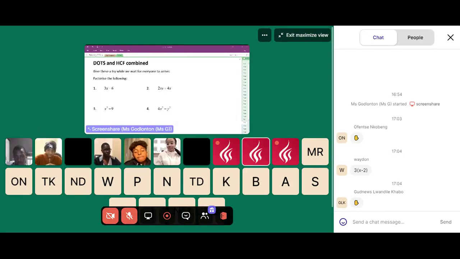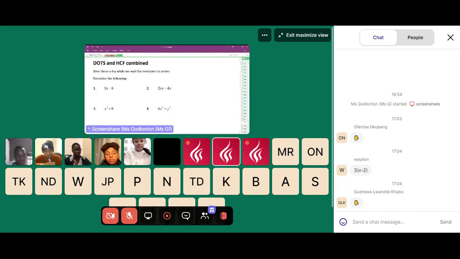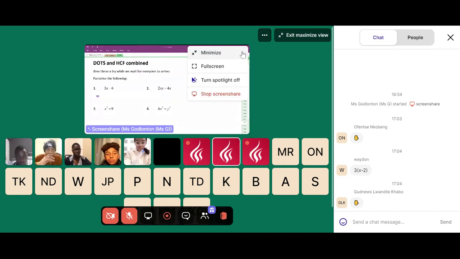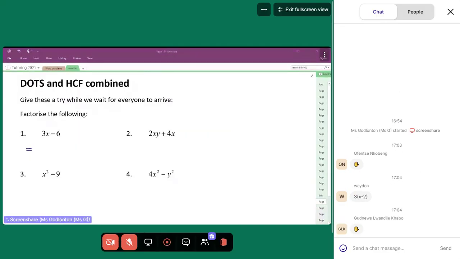So let's go. All right, good news. Let's chat. Number 1, what am I going to do when I'm wanting to factorize this? Good news, I think you might be on mute. There we go. Okay. So what is my common factor? What can go into both 3 and 6? 3. Beautiful. Okay, so I'm going to take that out.